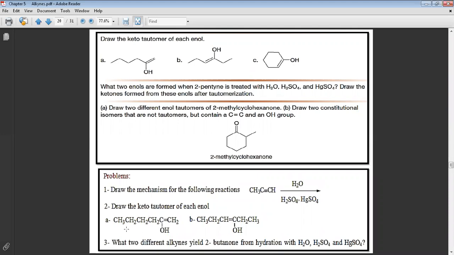The result from the hydration is this ketone, 2-butanone. Write the structure of the starting material that can enter the hydration reaction to give you this compound. This is the product, and I want you to write the starting material, but 2 different starting materials, not one.